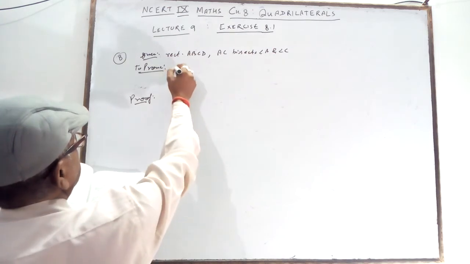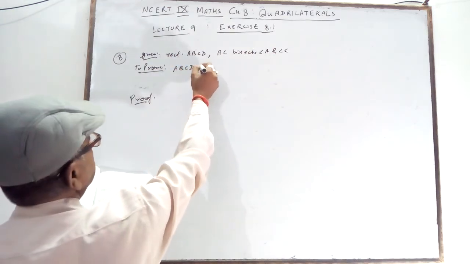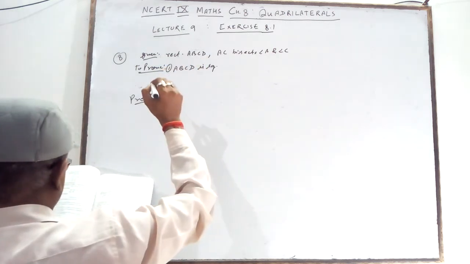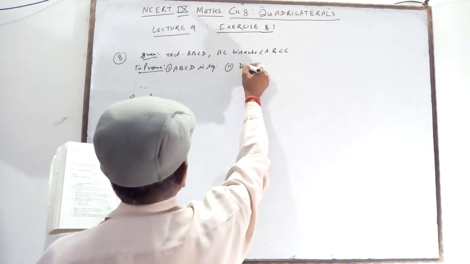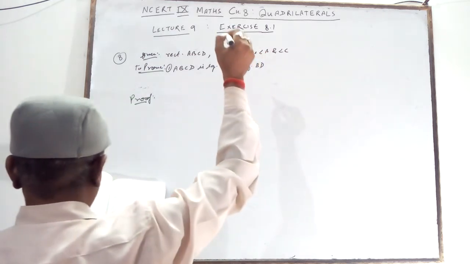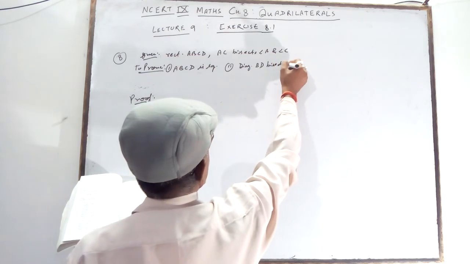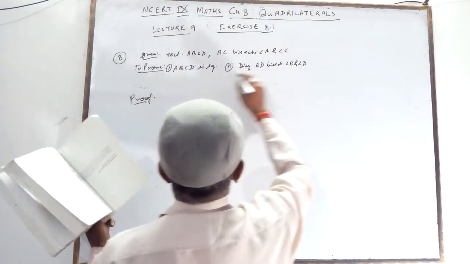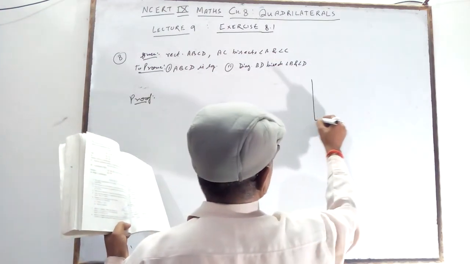To prove: ABCD is a square, first part. Second part, diagonal BD bisects angle B and angle D. So, you want to prove a square, you draw a square.